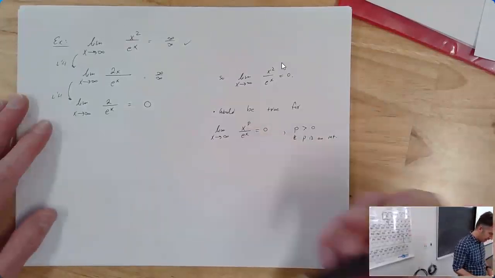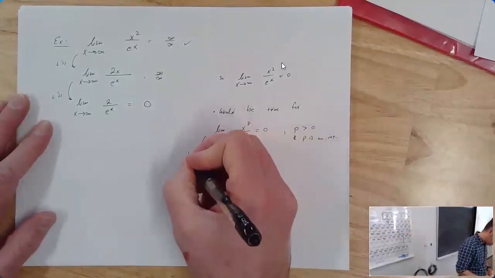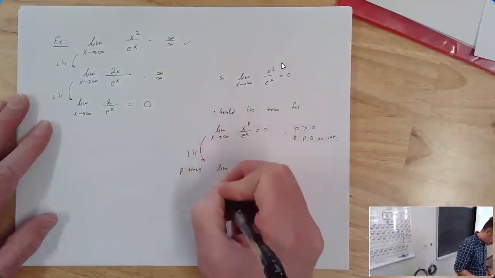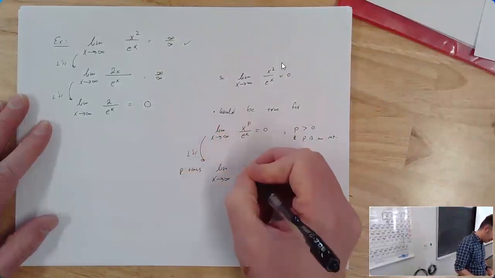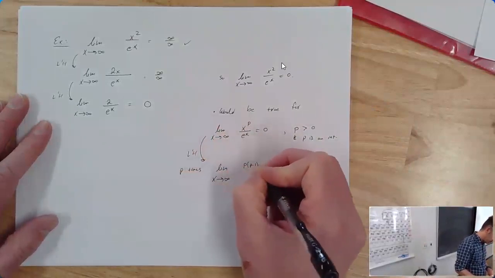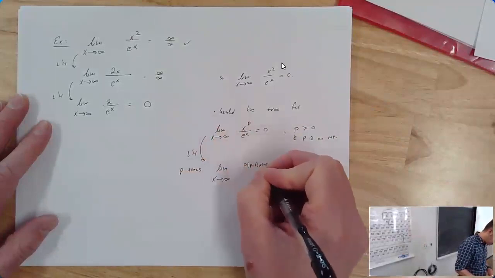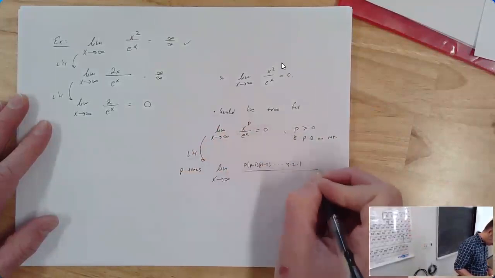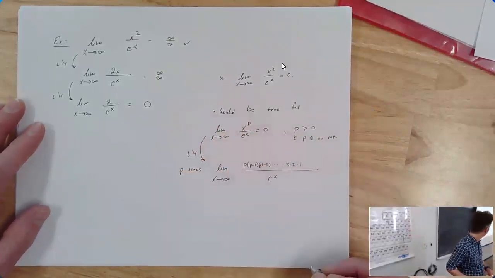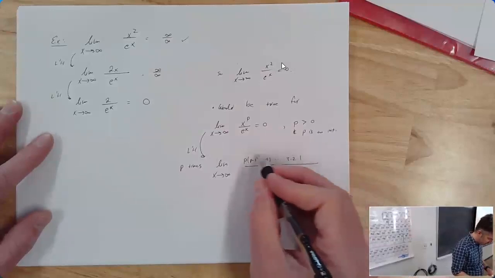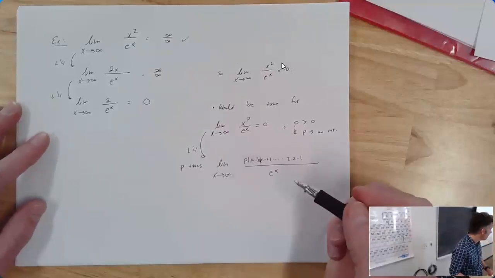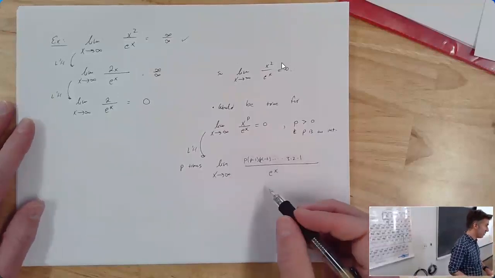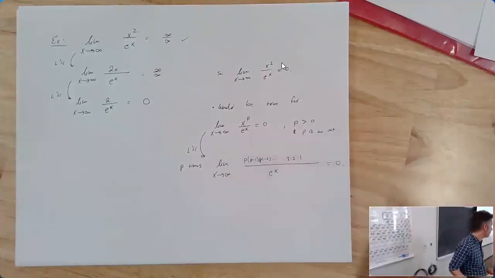So after you apply L'Hopital's rule p times, you're going to get the limit as x goes to infinity of p times p minus 1 times p minus 2, all the way down to 3 times 2 times 1, all over still e to the x. And as x goes to infinity, this constant, although it's big, it's p factorial, is still not as big as something that's getting infinitely large. So that's going to be 0.